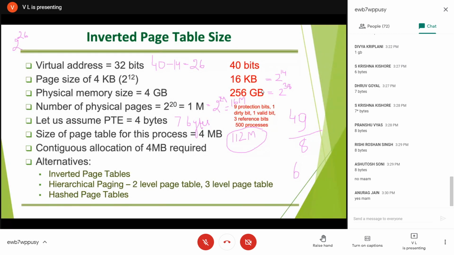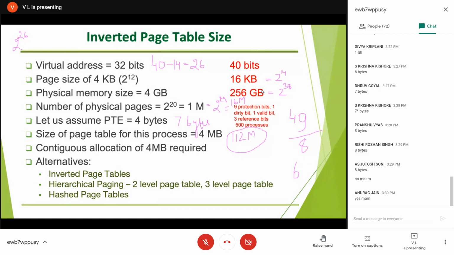And here, each page table entry should contain the physical page number. The number of physical pages is 2 raised to power 24, so that is 24 bits, plus all these other bits: 9 plus 1 plus 1 plus 3, that is 14, 14 plus 9, 23.